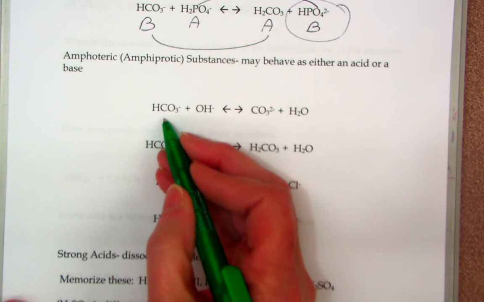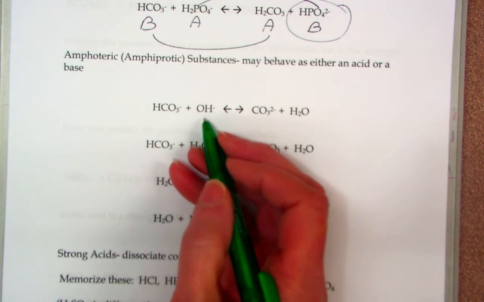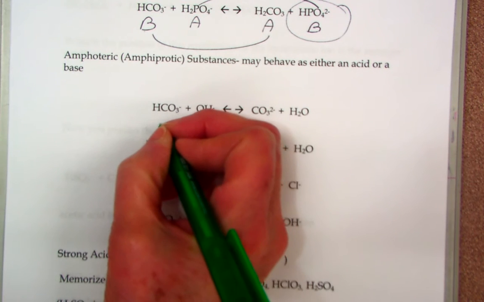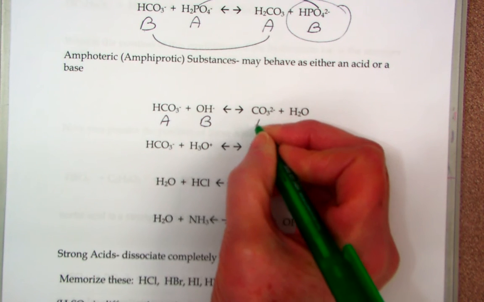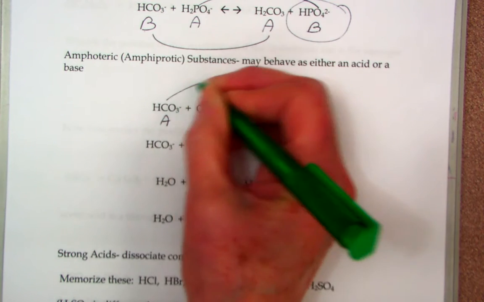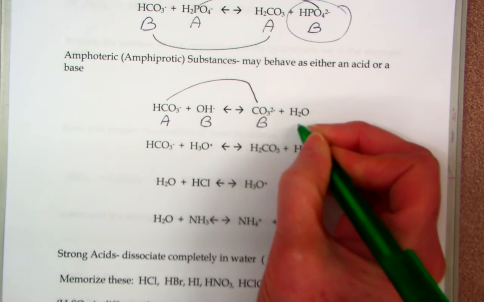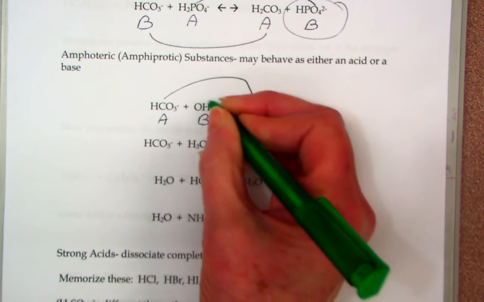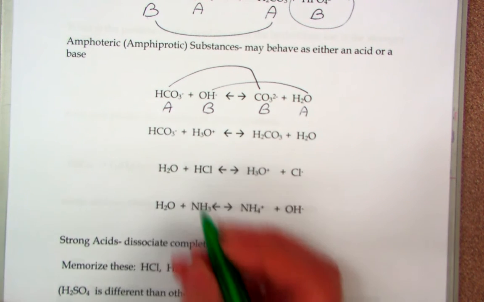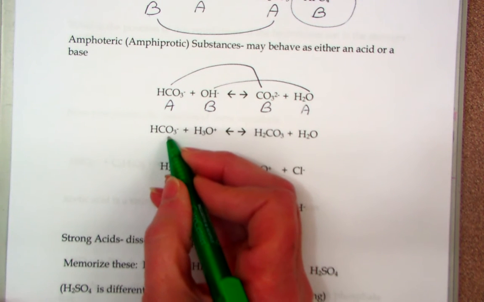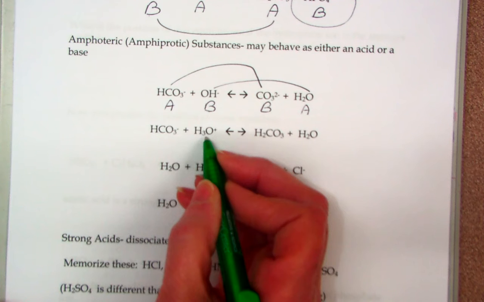So if we look at hydrogen carbonate, when it's reacting with the hydroxide ion, this is the acid and this is the base. And it makes a new base, the conjugate base of carbonic acid, and it makes a new acid, water, which is the conjugate acid of the hydroxide ion. Now, the hydrogen carbonate ion can also react with a different acid.